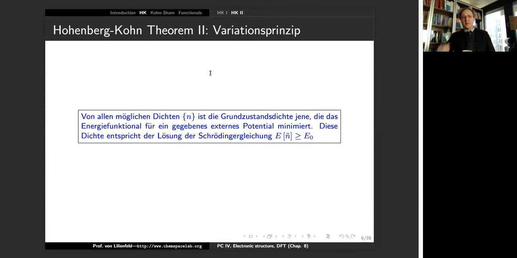Now the second principle states that there's also a variation theorem in your electron density. So there is some energy functional of some trial electron density that will be larger or equal to E0.